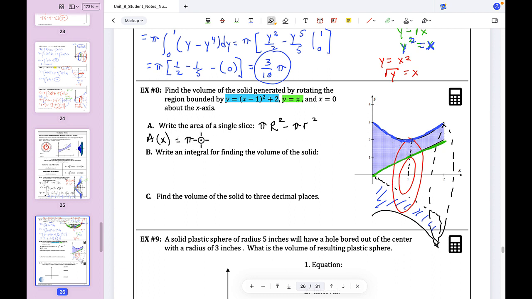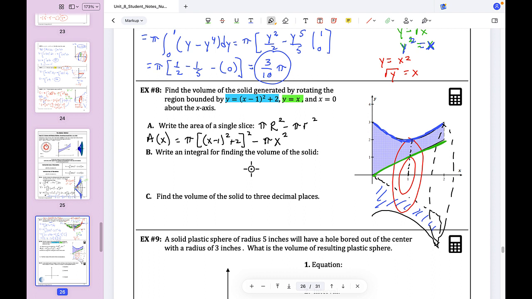So that's going to be (x minus 1) squared plus 2, squared, minus pi r squared, the little one. That goes up to the green line, so that is pi times x squared. That's my area of a single slice.